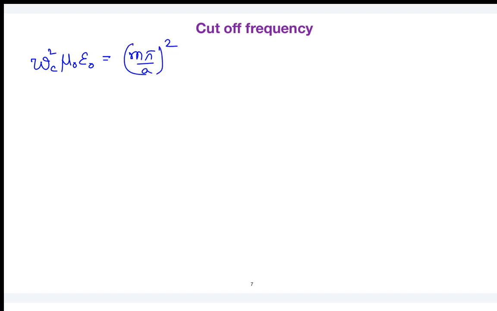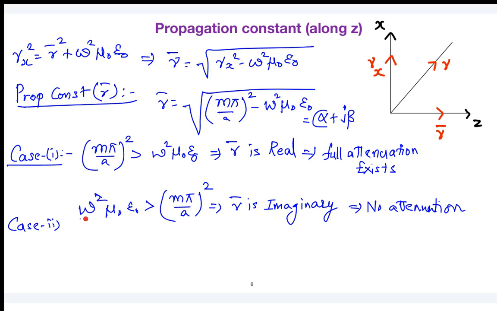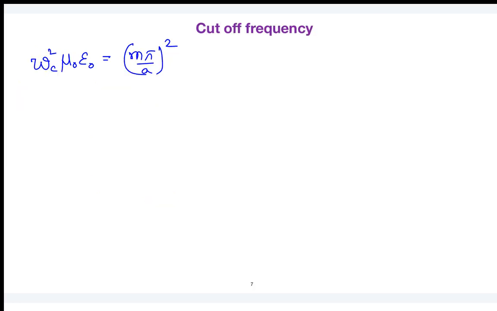So let me define omega as omega c. Using this, you are going to get omega square is equal to 1 over mu naught epsilon naught times (m pi by a) whole square.